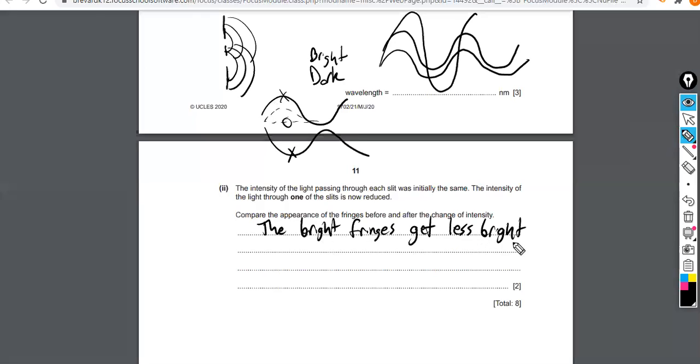The bright fringes get dimmer. The dark fringes, the dark places, get brighter. And again, it's because we're no longer perfectly destroying the wave there for the destructive interference.